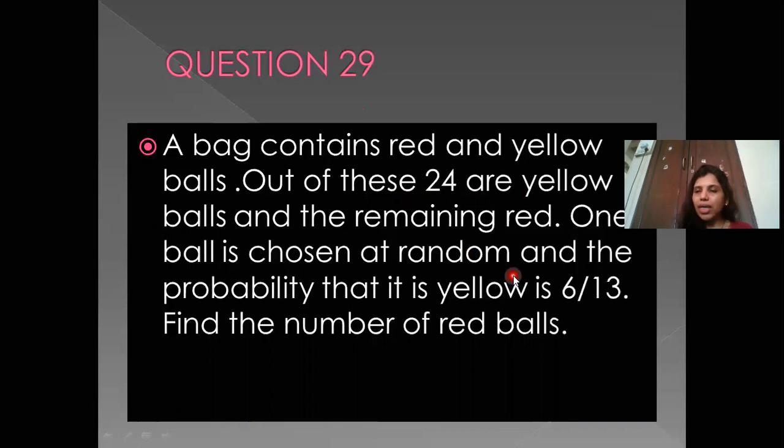So let the number of red balls be X. Then you can write the total number of balls in the bag as 24 plus X. One ball is chosen at random and the probability that it is yellow is 6 upon 13. Find the number of red balls.